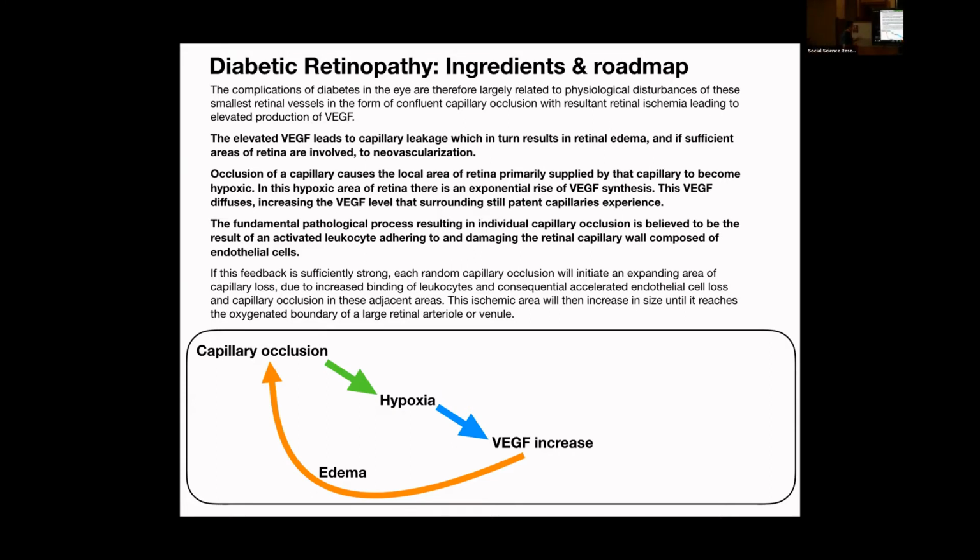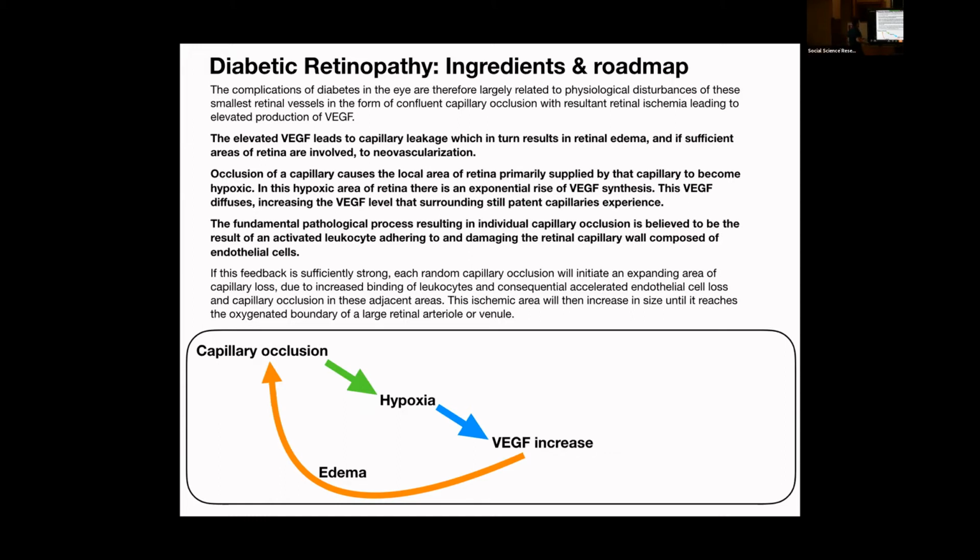So then you have a vascular endothelial growth factor increase, and that factor tells the system to generate more endothelial cells. But when that increases, that can produce an edema, and again, an edema, capillary occlusion, and you have flux. You have a certain loop there.